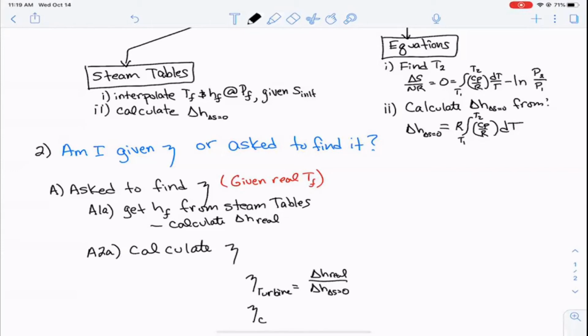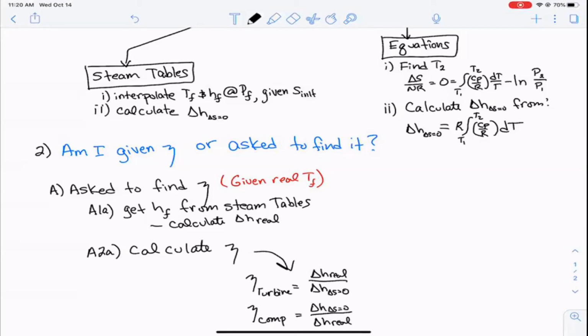And the efficiency of a compressor is equal to delta H when delta S equals 0 over delta H real, right? So we're going to use one of these equations, depending on if it's a turbine or a compressor, to calculate the efficiency.